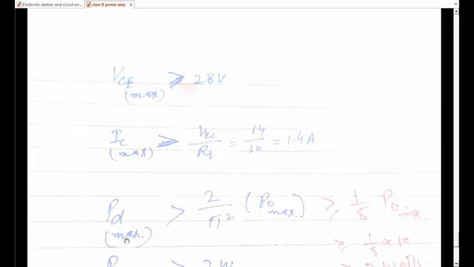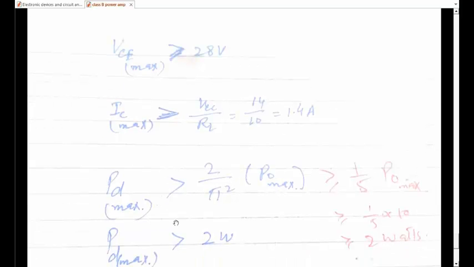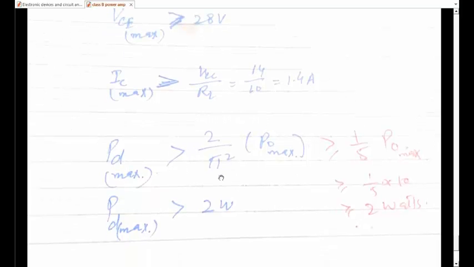The maximum power dissipation relationship that we derived just now is 2 by pi square P naught max, which is 1 by 5 P naught max, and it would be 2 watts. So the maximum power dissipation rating for each transistor should be greater than 2 watts.